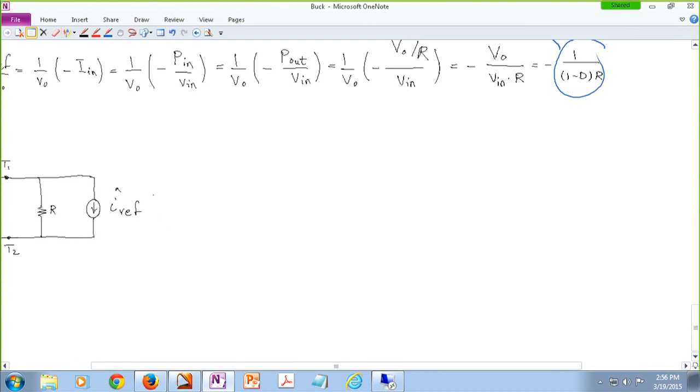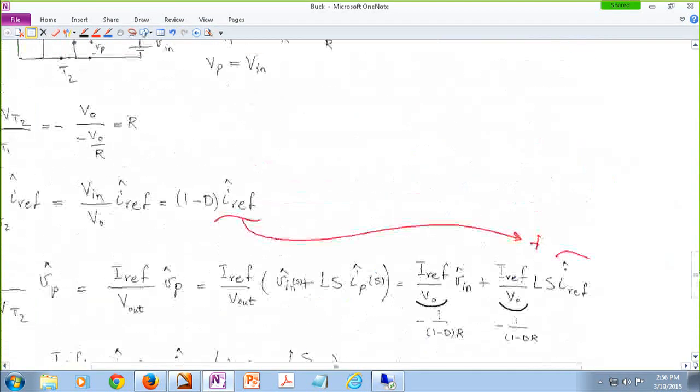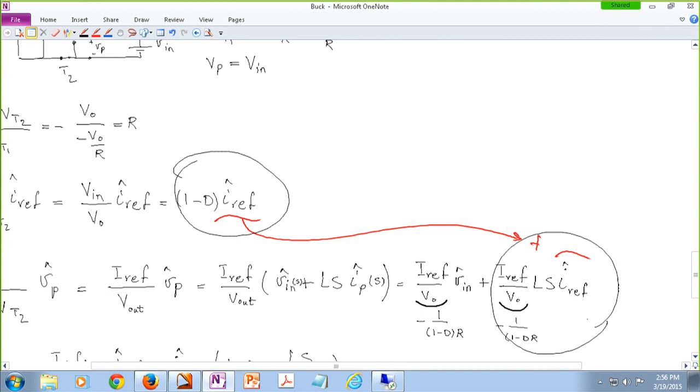Times d prime. Remember, d prime is 1 minus d. Okay. So all I did was add this term with this term, and then factor out 1 minus d as d prime, basically.